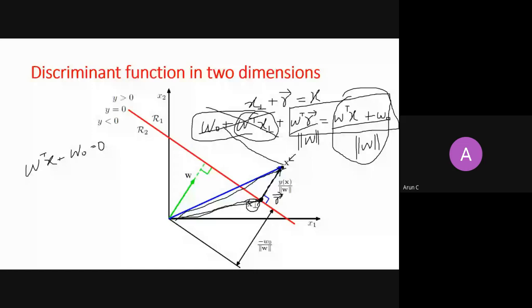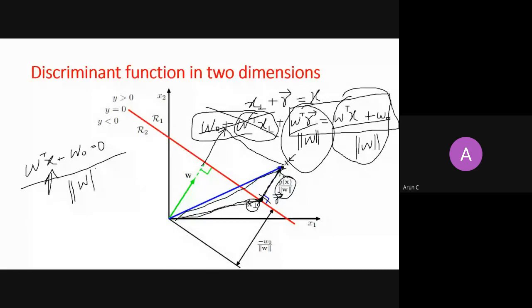It's the absolute projection, right? And this is equal to the dot product of r, which is nothing but the projection, and this is equal to this, right? So in short, it is W transpose X. So if somebody asks you what is the orthogonal distance, then you just feed X into the equation and normalize it. It will give you the orthogonal distance of that point from the hyperplane.